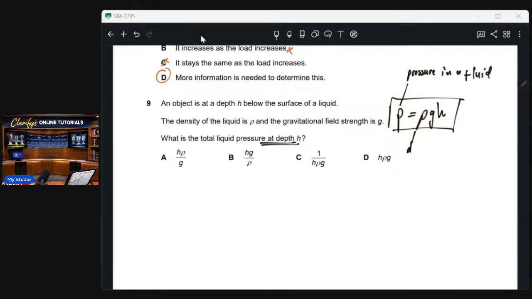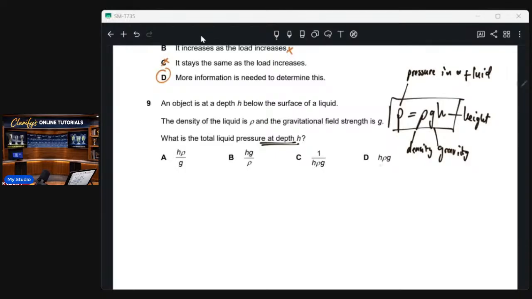This is density. Here, this is the height. So this is rho g h. Pressure is rho g h. Okay.